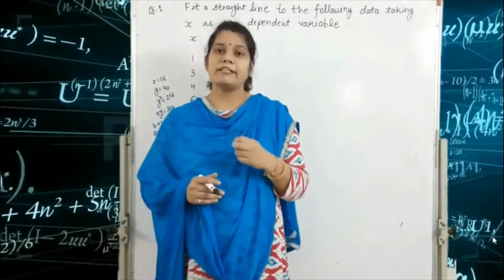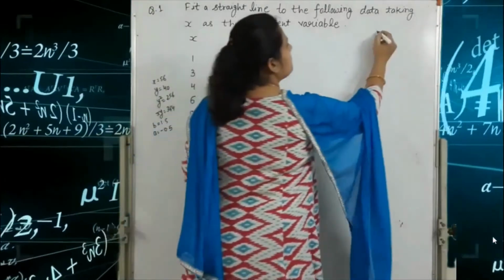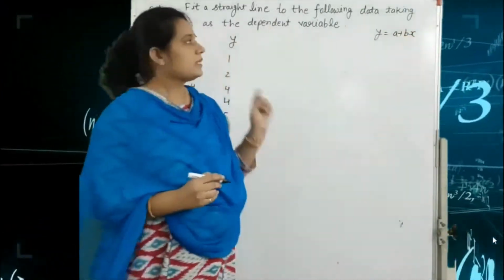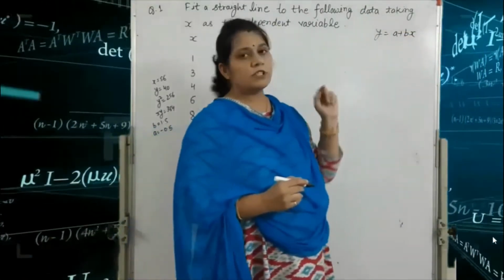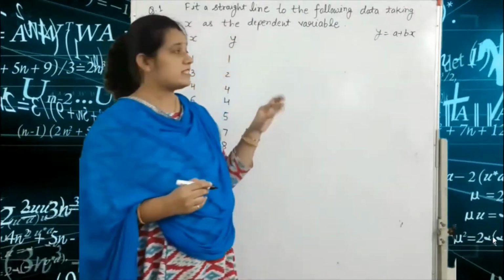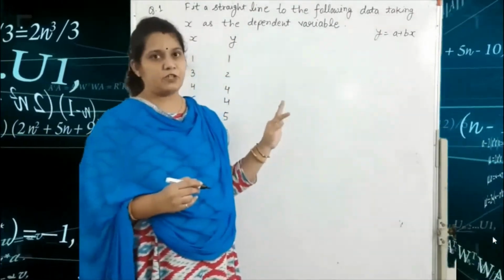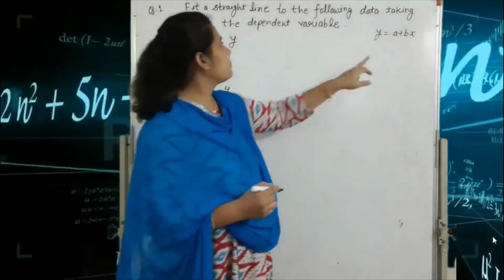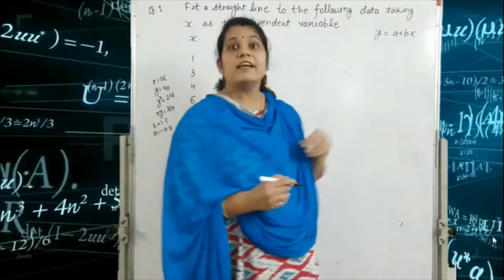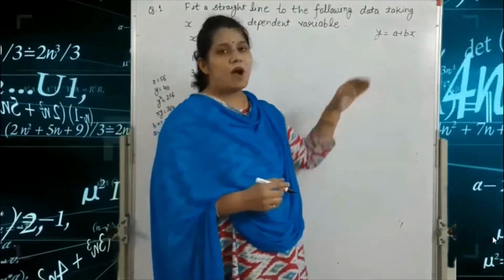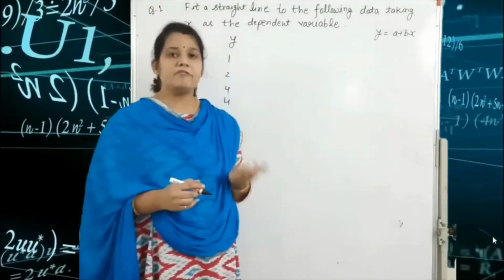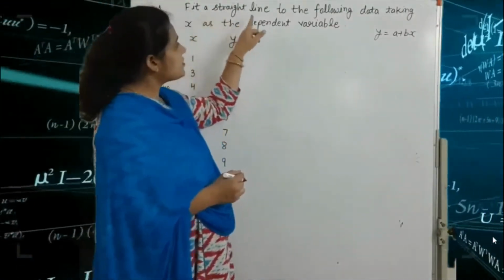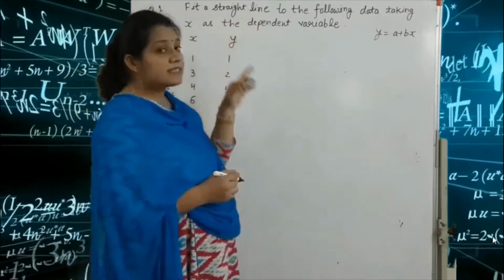If we consider the straight line equation y is equal to a plus bx, which we have considered by default in our previous lecture, then x is an independent variable and y is a dependent variable. But in this question, we have to fit a straight line with x as the dependent variable.